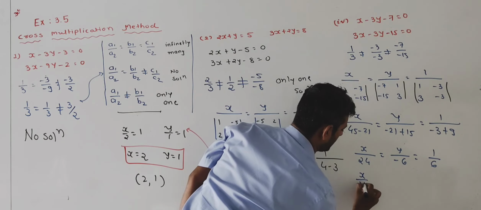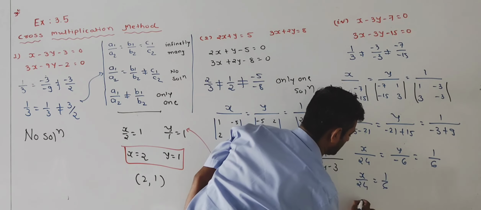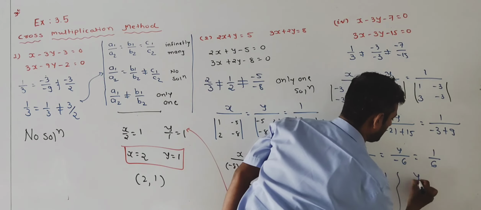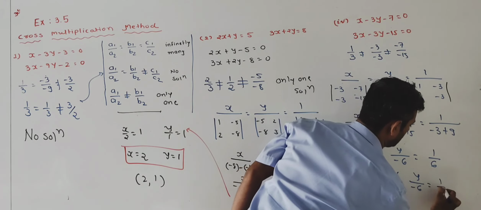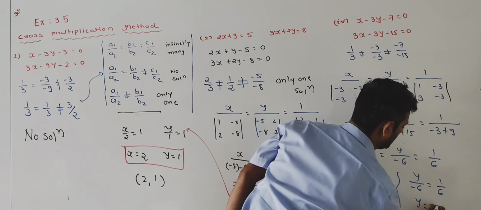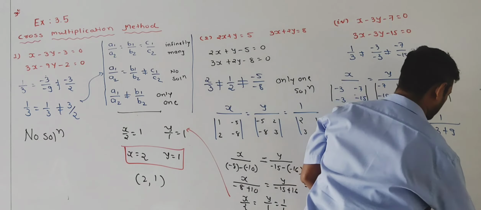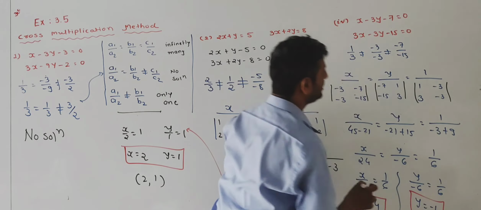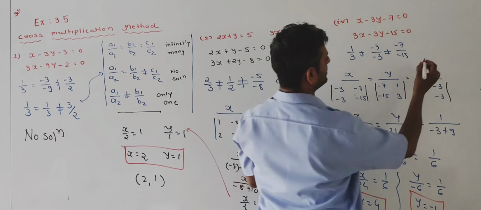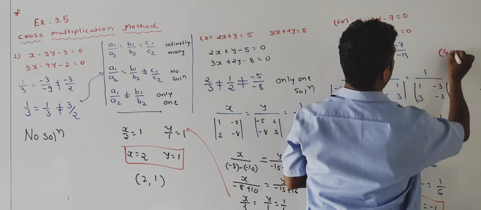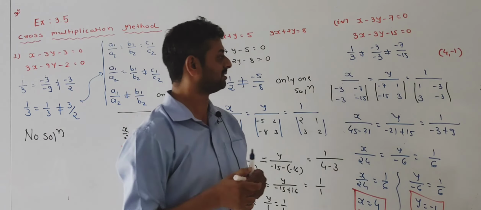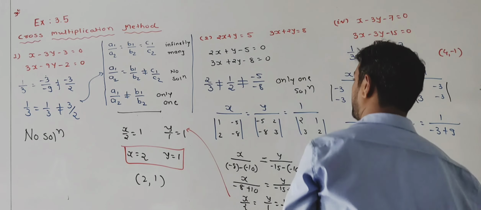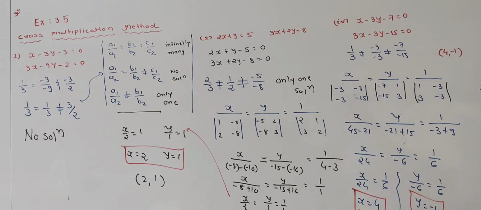So x upon 24 is equal to 1 upon 6, so x is equal to 4, and y upon minus 6 is equal to 1 upon 6, so y is equal to minus 1. So this is our answer of these equations, and it can be written as 4, minus 1, that is written as the ordered pair. Okay, in this way we finish our examples.